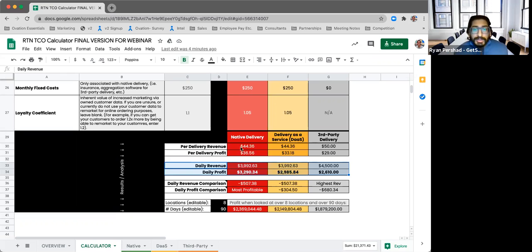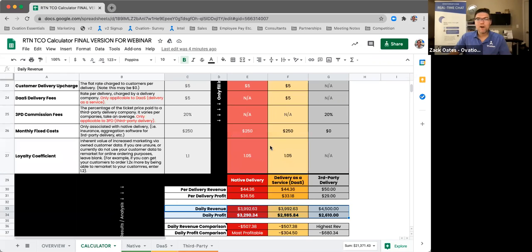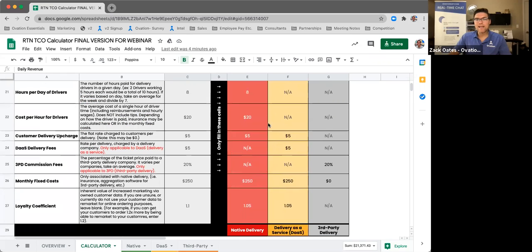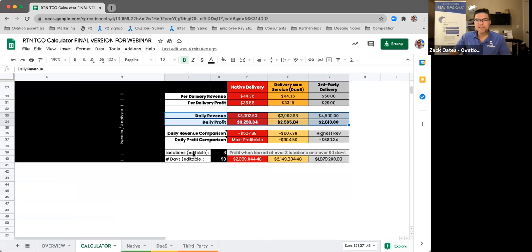Yeah, and because these calculations up top are looked at on a per delivery, per day, per location basis, these numbers are, as he said, per basket up here, and this is per location here, right? So we're looking at this as a single location.